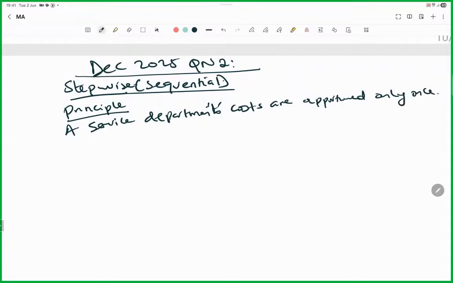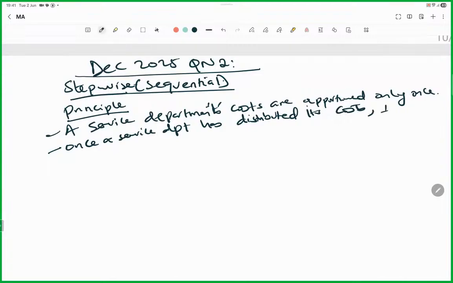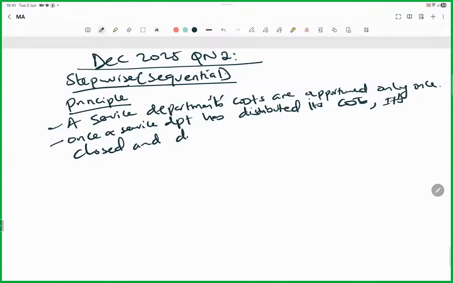Only once. Once a service department has distributed its costs, it is closed, and it does not receive any further allocations.